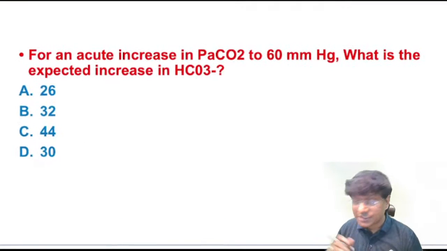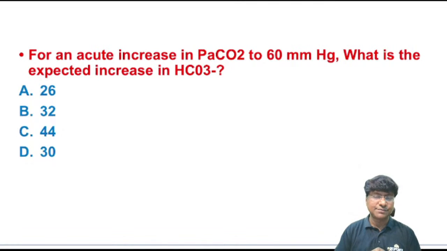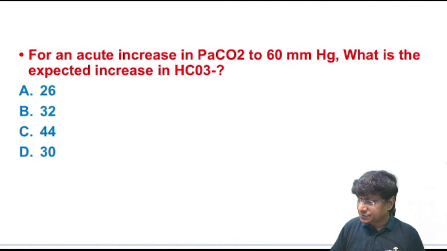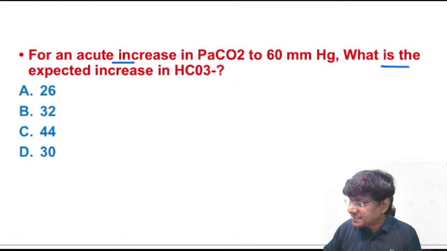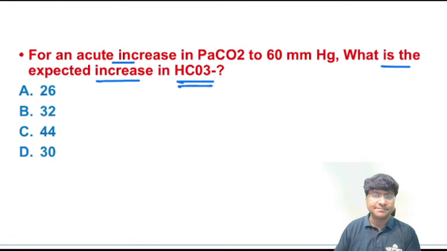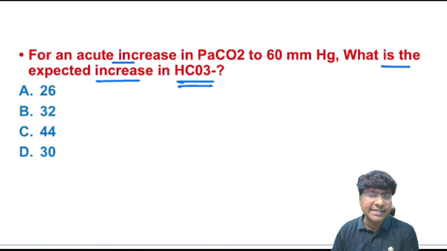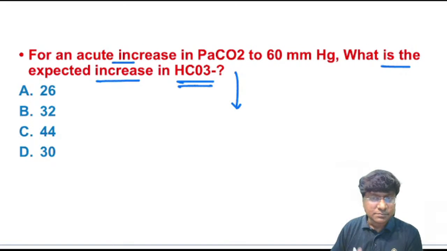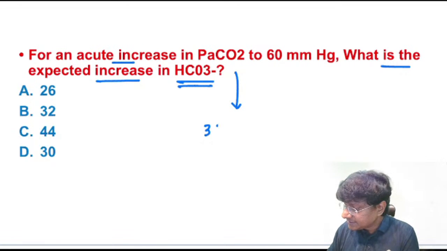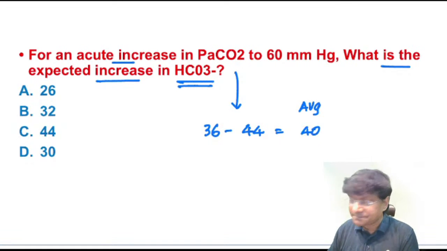Now the last thing in this session that I wanted to discuss with you is about the acute events. So you see this question. For an acute increase in partial pressure of carbon dioxide to 60 millimeters of mercury, what is the expected increase in bicarbonate? The normal value of PaCO2 is 36 to 44, but the average value that we take is 40.